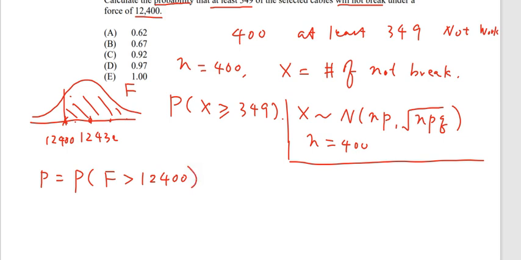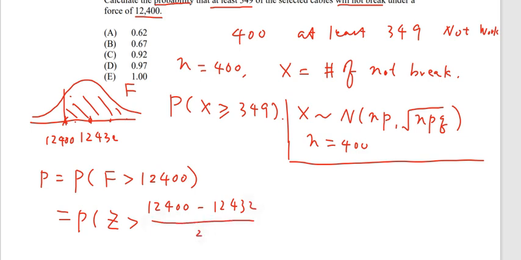Okay, so this is a normal distribution. This F follows normal, so then we need to find this normal probability. Okay, so we need to change this to standard normal. So Z equals this minus the mean, divided by the standard deviation sigma. So check the table, and then we find this equals 90.